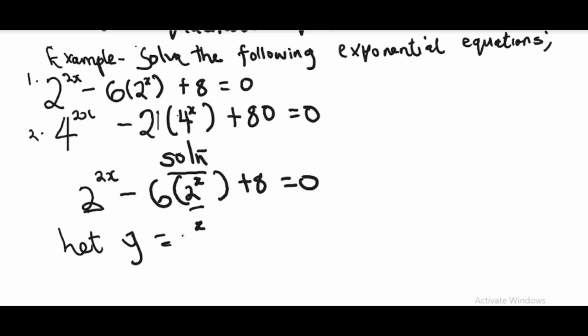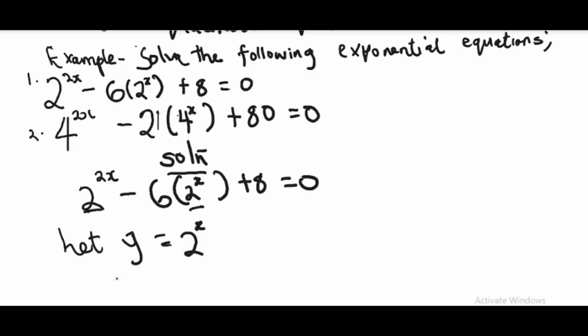So if y is equal to 2 raised to the power of x, we're going to be replacing 2 raised to the power of x with y. But if you look at the first term, this is 2 raised to the power of 2x. Since we are replacing 2 raised to the power of x with y, here will not just be y, but y squared.